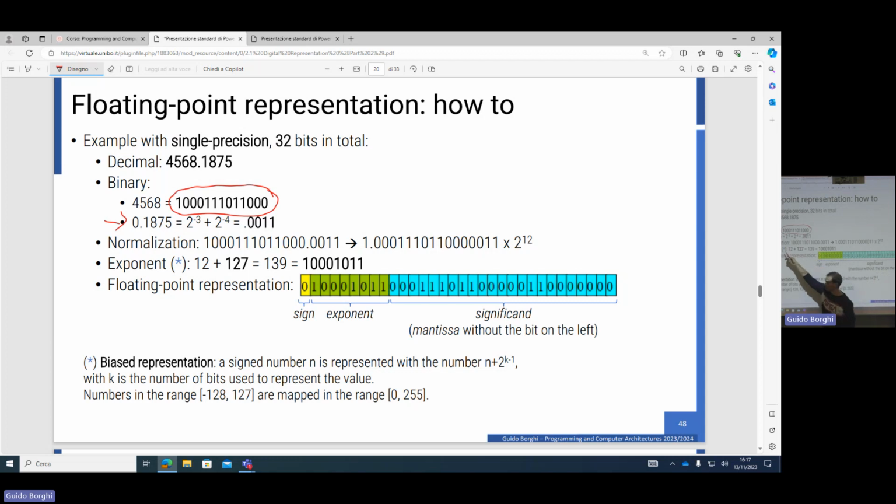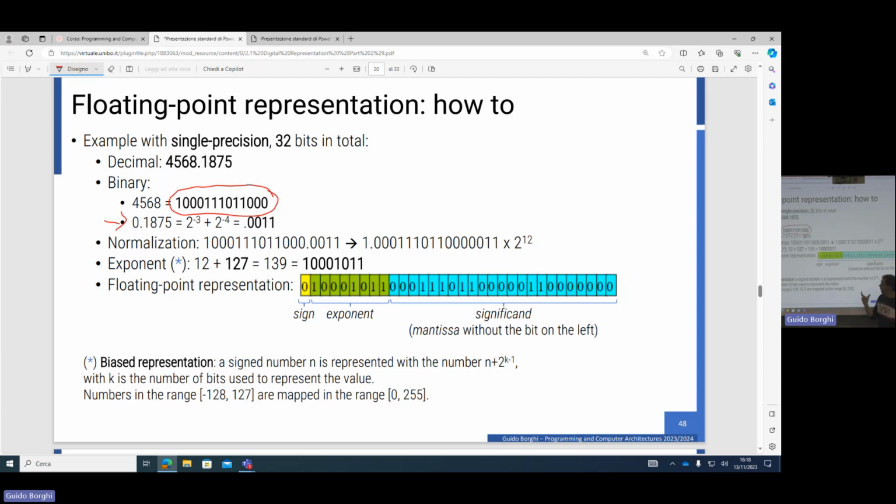The exponent is always positive, so remember to apply the biased representation, in this case the standard introduced by IEEE, the Institute of Electrical and Electronics Engineers, to standardize this procedure. This standard doesn't use two's complement, but the bias notation. In the bias notation, remember that we translate all the negative numbers into positive numbers with a shift.